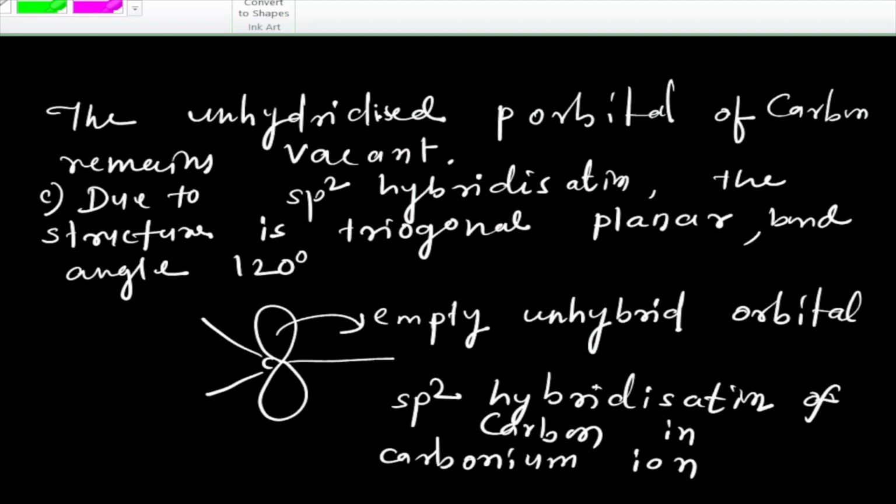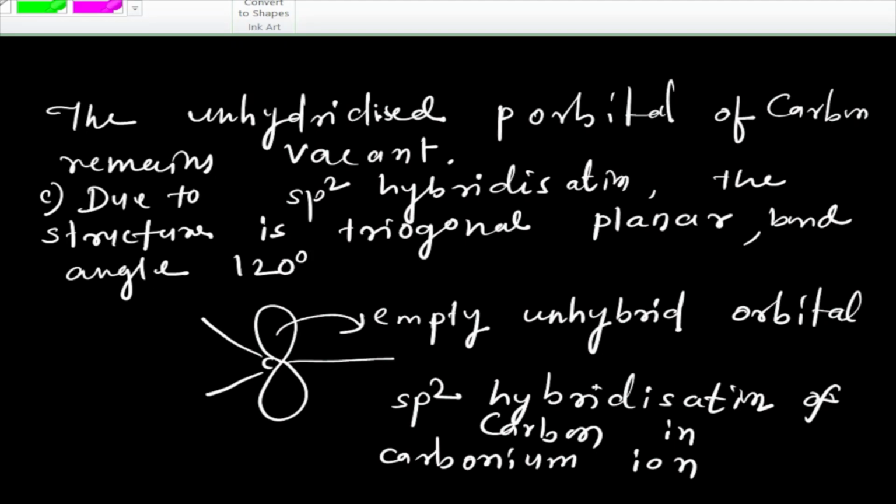One p orbital of carbon remains vacant and never undergoes any hybridization, and only 2 are used, px and py. Suppose px and py are used and pz is vacant, remaining unhybridized. And due to sp2 hybridization, the structure is trigonal planar and the bond angle is 120.